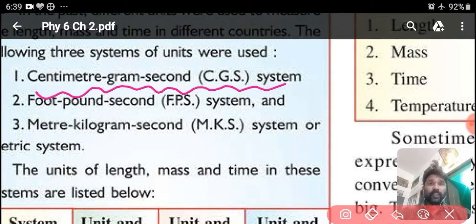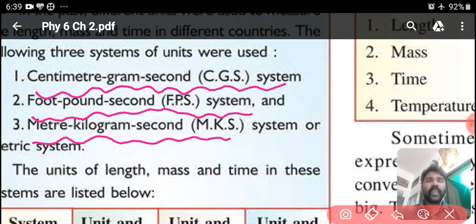Okay, students, underline centimeter, gram, second, which was used in the past. Another one, foot, pound, second, FPS system, and meter, kilogram, second, MKS system.